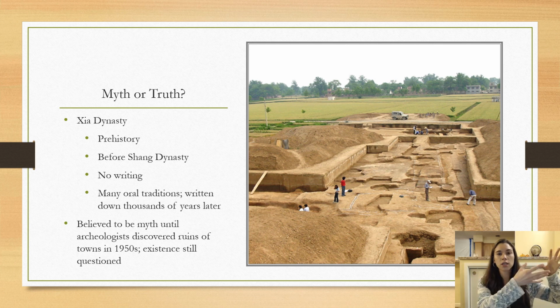So you have the Xia Dynasty, and there are a lot of oral traditions that come out of the Xia Dynasty, and it's written down thousands of years later. So because of that, the Xia Dynasty was believed to just be stories, myths, legends, until archaeologists discovered ruins of towns in the 1950s.